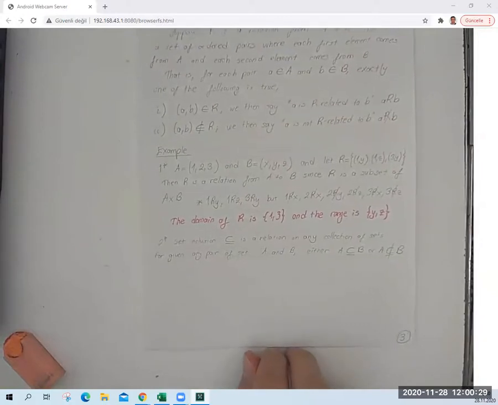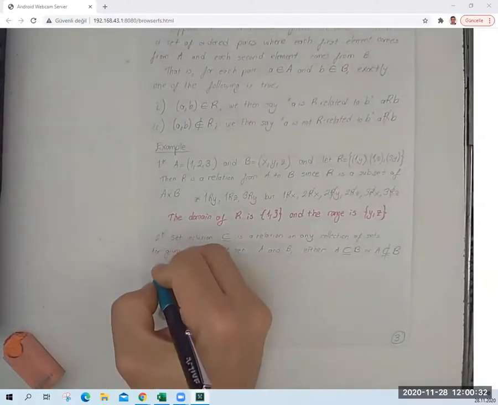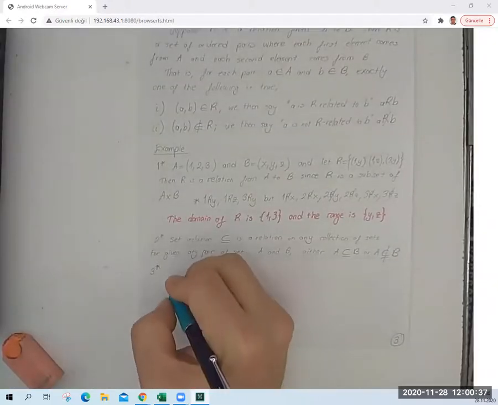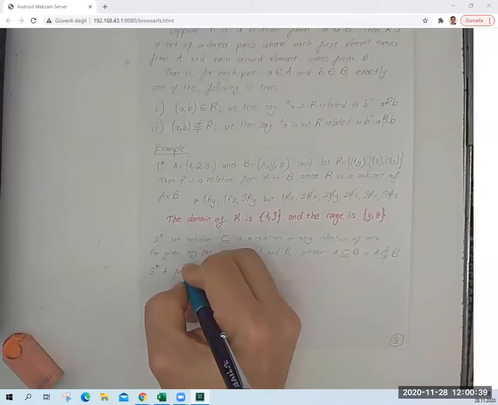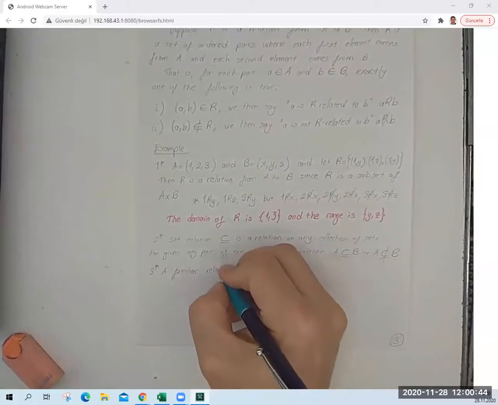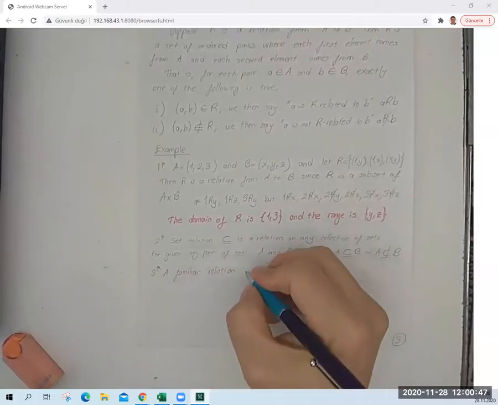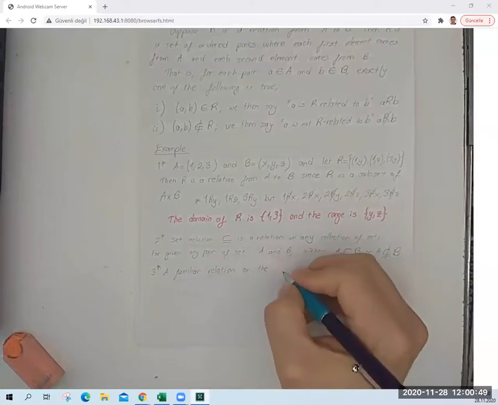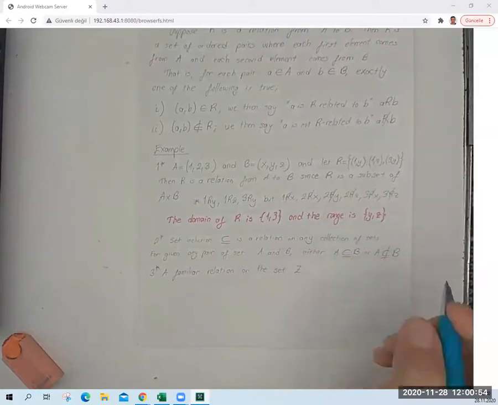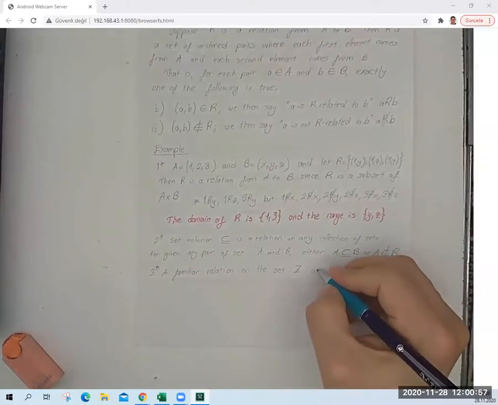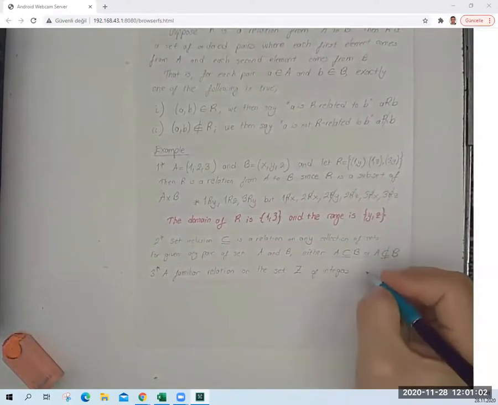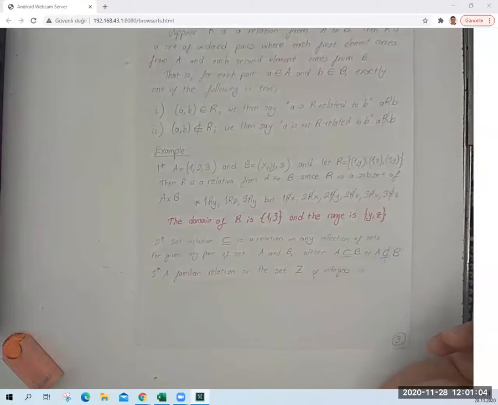And the third one, a familiar relation on the set Z of integers, is m divides n.